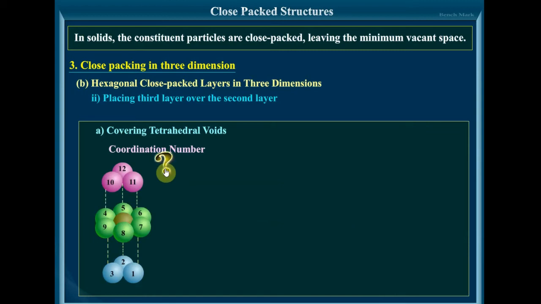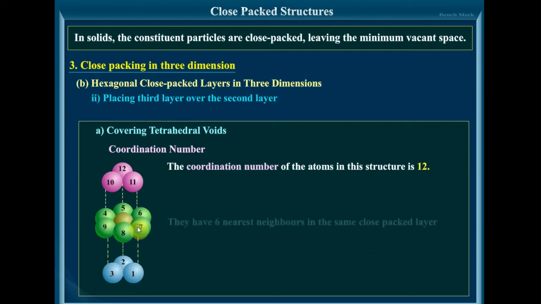In this type of arrangement, when the third layer is covering the tetrahedral voids, the one in the center is surrounded by 6 around it, 3 above, becomes 9, and 3 below, 12. So the one in the center is surrounded by 12 atoms. So the coordination number is very important. The coordination number of the atoms in this type of structure is 12.